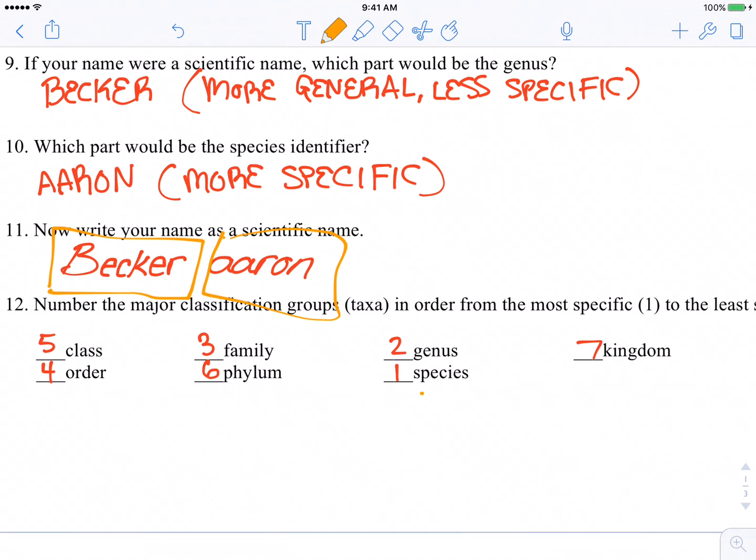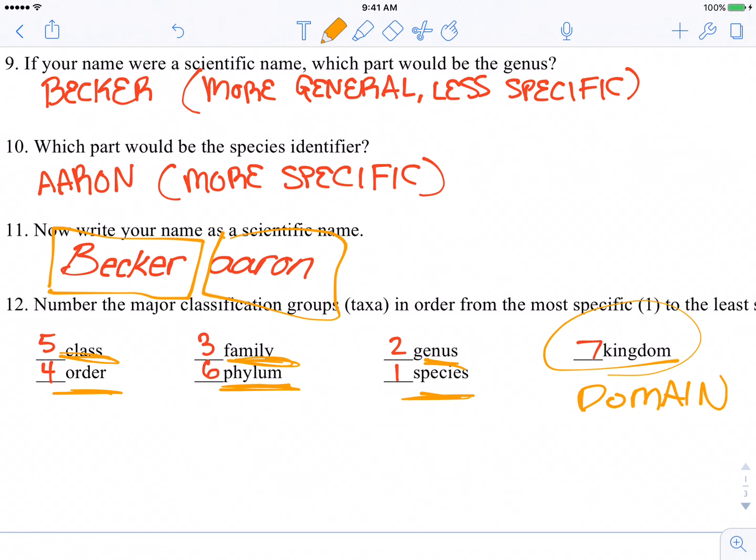So species is the most specific, genus is the second most specific, then family would be third, then order would be 4, and then class would be 5, 6 would be phylum, and then the least specific in these groups shown would be kingdom. Now there's only one group that's even less specific than kingdom, and that would be domain. So you have all the groups in the taxonomic pyramid in order from the most specific group to the least specific group.